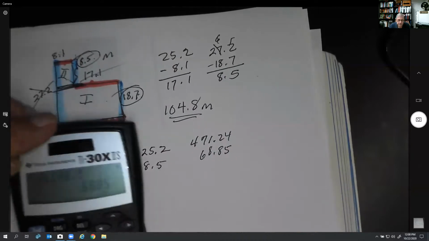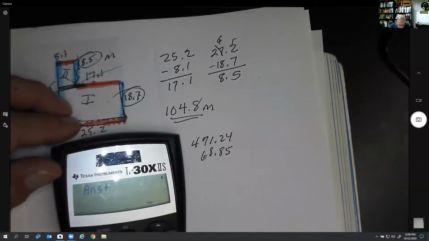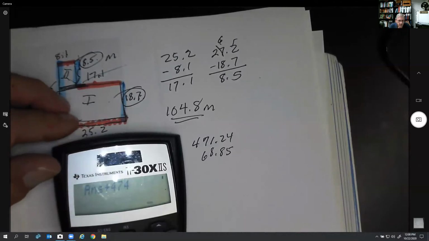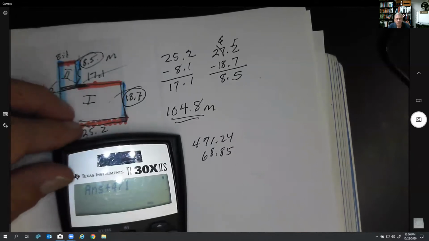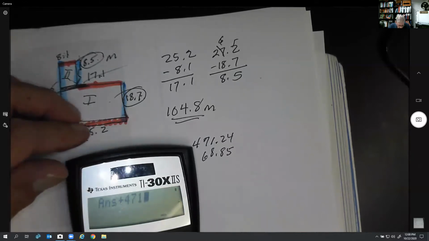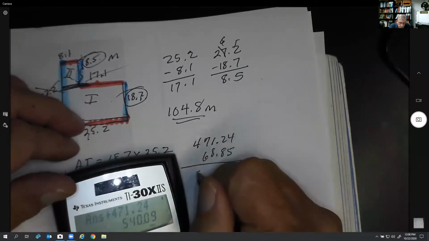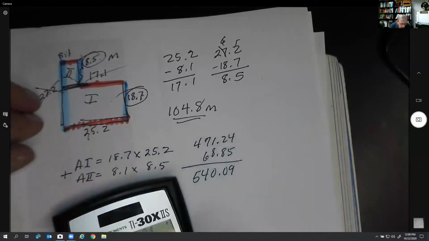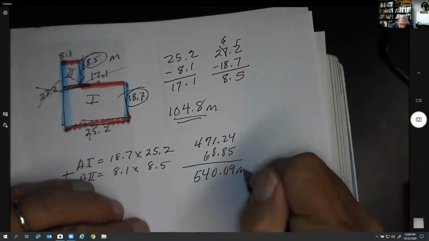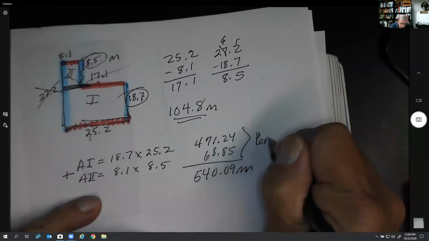Plus, I'm going to move it over here for a second, 471.24 plus 68.85 equals 540.09 meters. This is your perimeter.